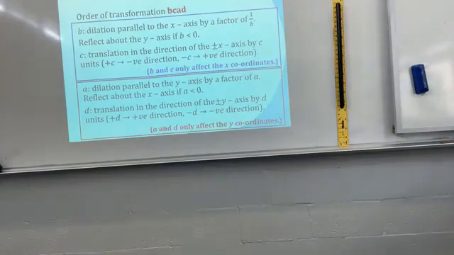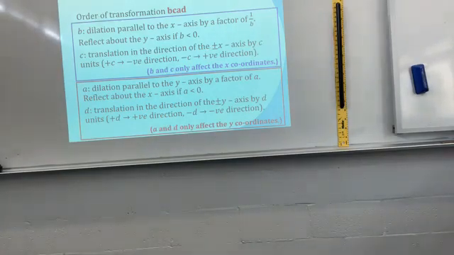So B is dilation parallel to the x-axis by a factor of 1 over B. Now, see what I've done there. You must always factorize the B out. All right? C is translation in the direction of positive or negative x-axis by C units.